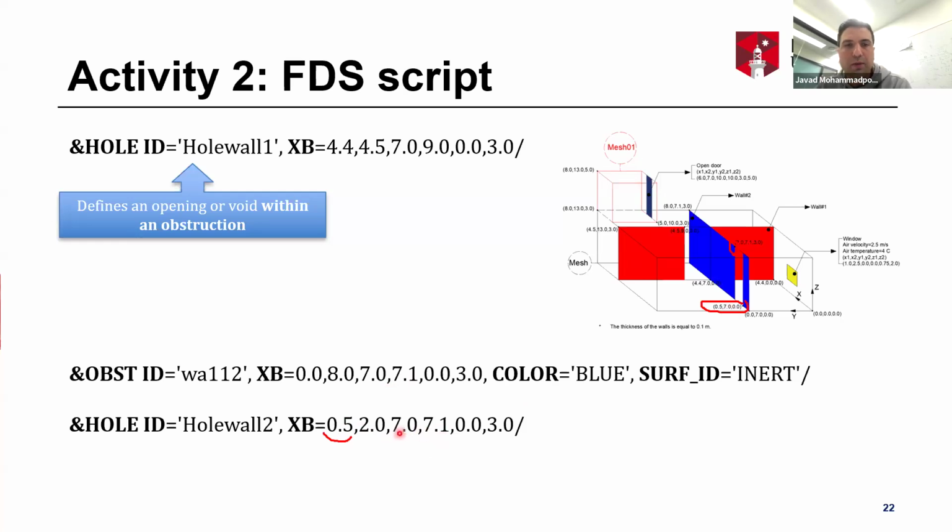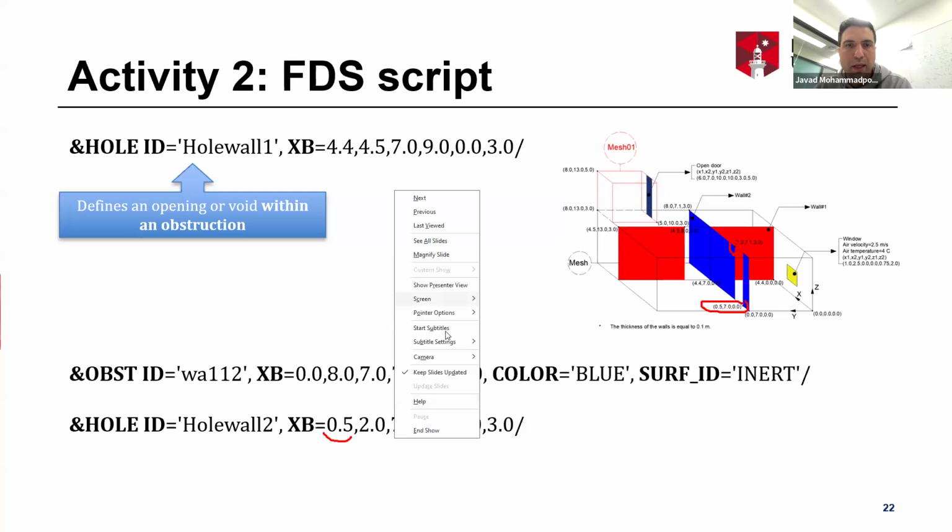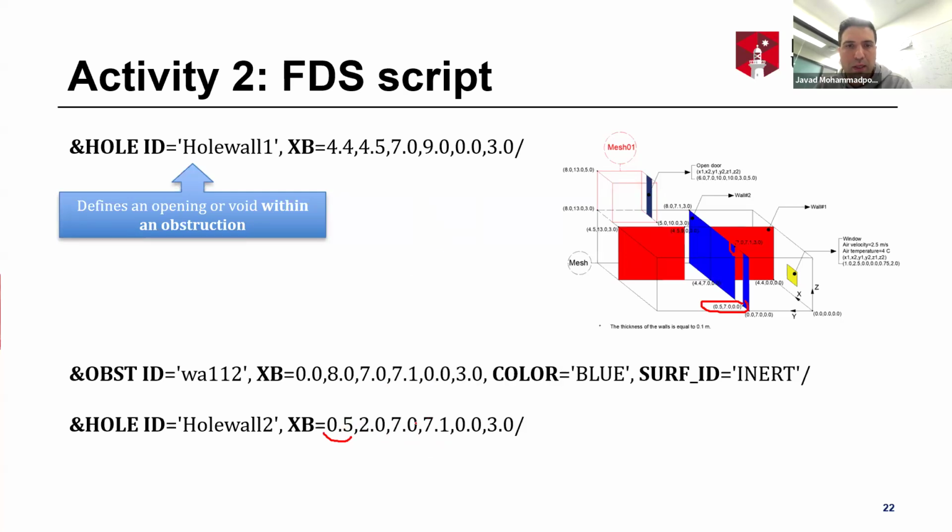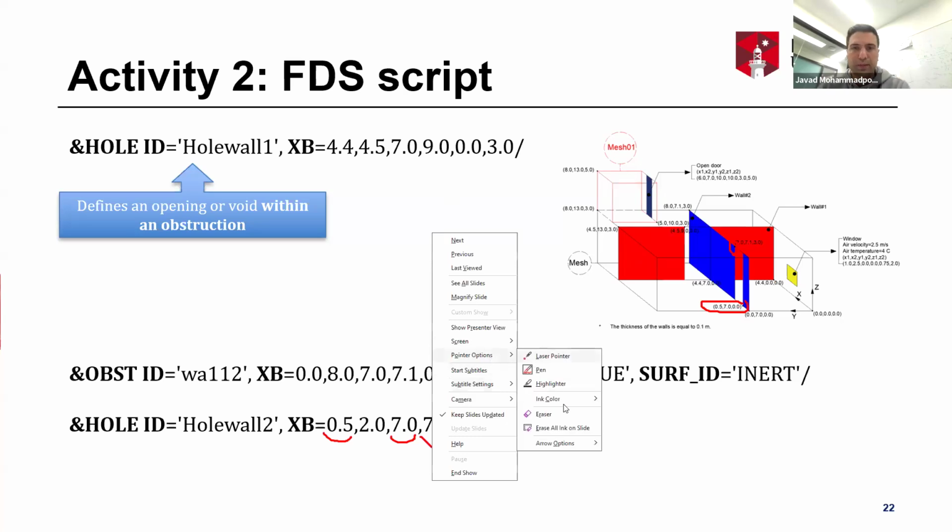Again, the difference between these two values, 7 and 7.1, gives the wall thickness from this point to this point. But for the wall one, the difference between the minimum X and the maximum X gives you the wall thickness. What is the Z? Minimum Z is 0. Maximum Z is 3. Okay.